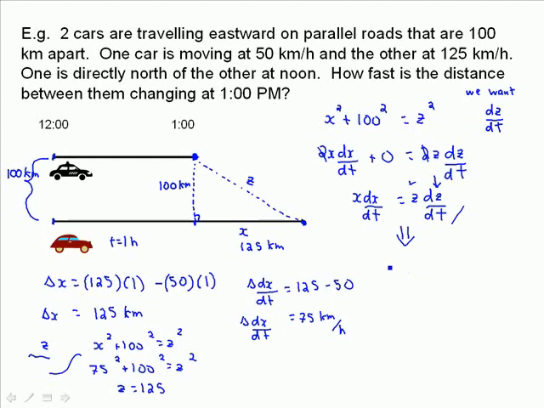So x is equal to 75. dx dt is equal to 75. And this is equal to z, which is 125, multiplied by dz dt. So we work this out, 75 times 75, divide by your 125, and you'll get 45 is equal to dz dt.